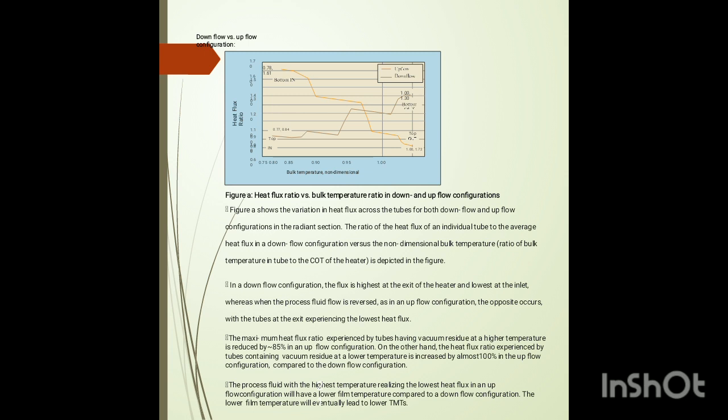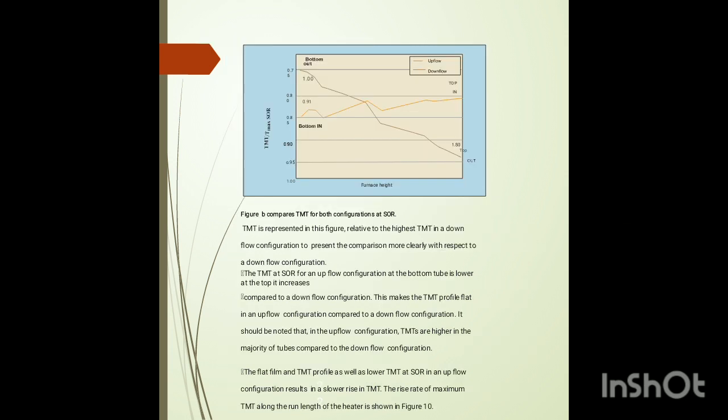It shows the ratio of the heat flux of an individual tube to the average heat flux in a downflow configuration versus the non-dimensional bulk temperature. In a downflow configuration, the heat flux is highest at the exit and lowest at the inlet, whereas in an upflow configuration the process flow is reversed and the opposite occurs, with the tubes at the exit experiencing the lowest heat flux.